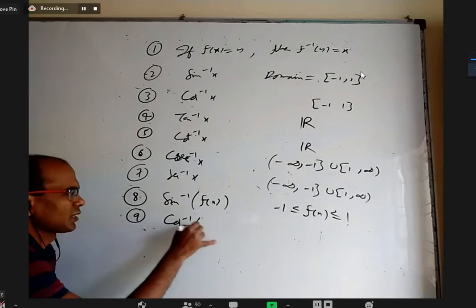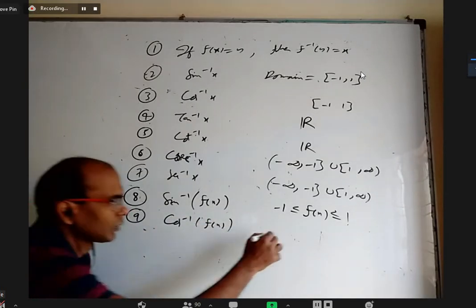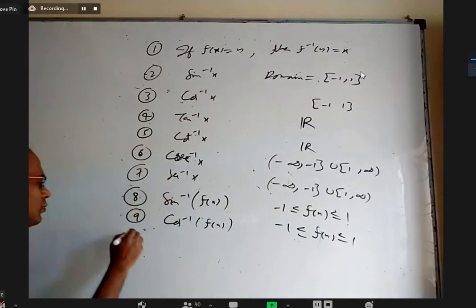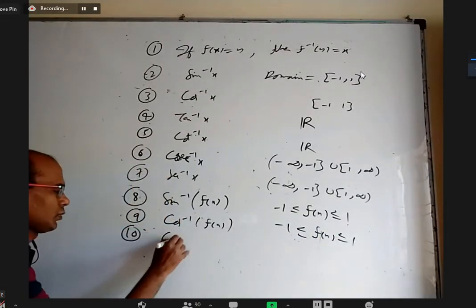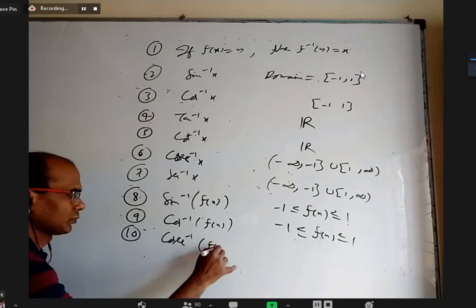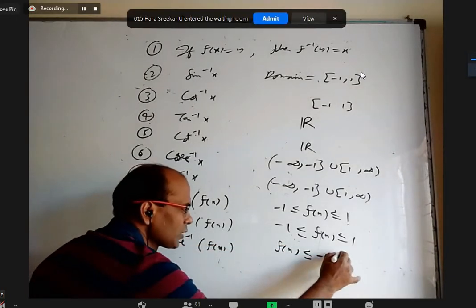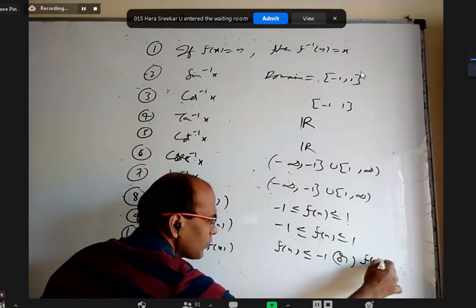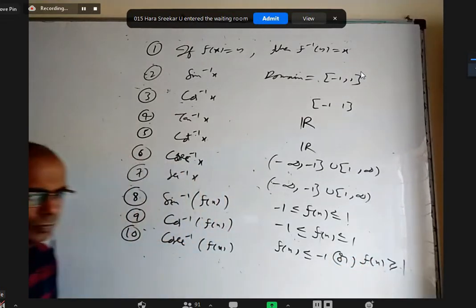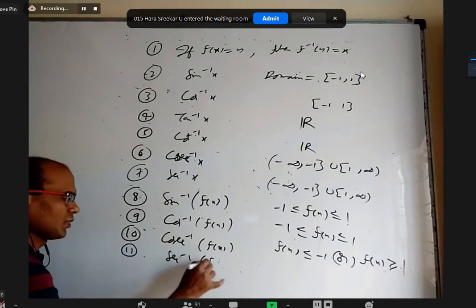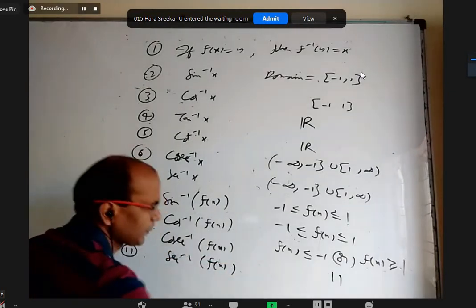Cos inverse f of x also, -1 less than or equal to f of x. And the cosecant inverse f of x: f of x less than or equal to -1 or f of x greater than or equal to 1. Secant inverse f of x also.